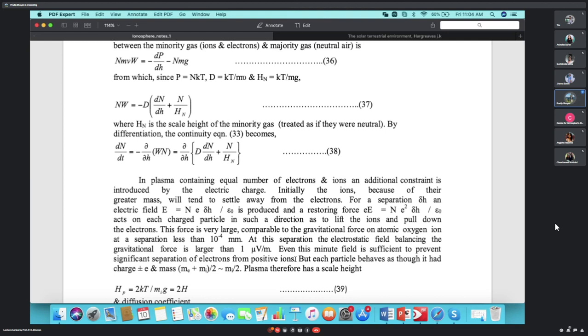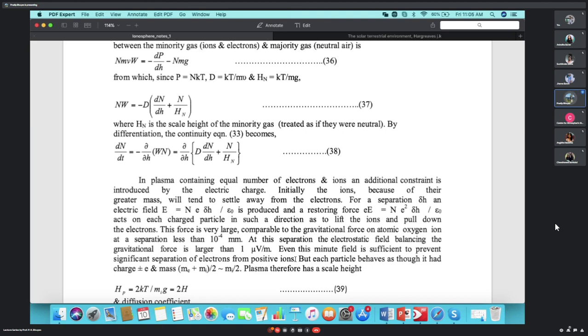You place one positive charge and one negative charge, there will always be an electric field between these two. So that is the case here also. Now here we are not considering only one electron or one ion, but a large body of ions and a large body of electrons. So just consider there is an electron layer and an ion layer. This ion layer has come down because of gravity. So they are separated now.